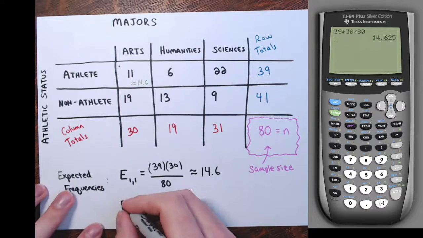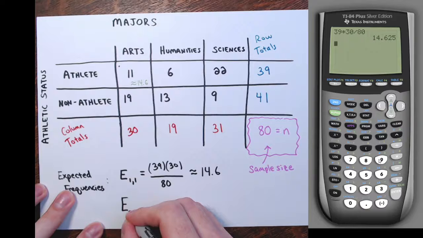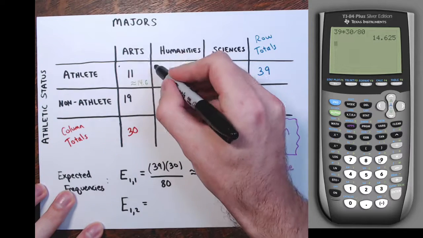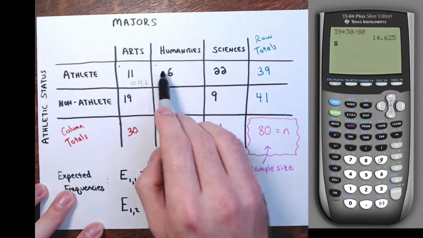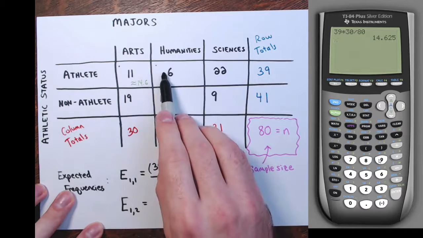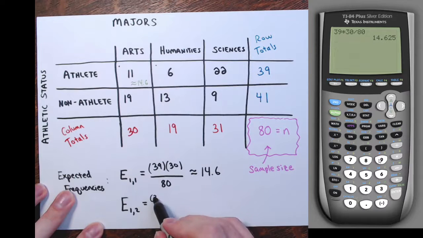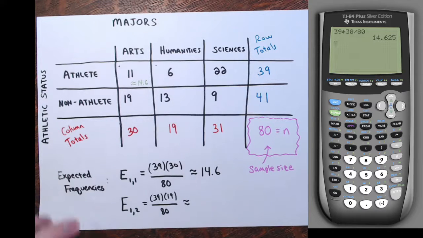All right, and then the same for what's the expected count for the first row, second column, right? 1, 2 here. So now I'm here where the humanities majors that are athletes. So again, that row total is 39, that column total is 19. So it'd be 39 times 19 divided by the sample size, divided by 80. And we'll round this to 1 decimal place.